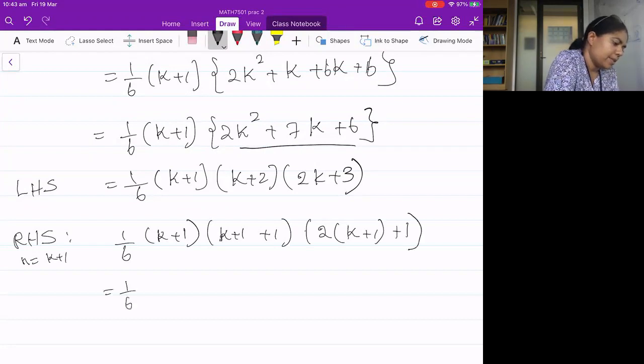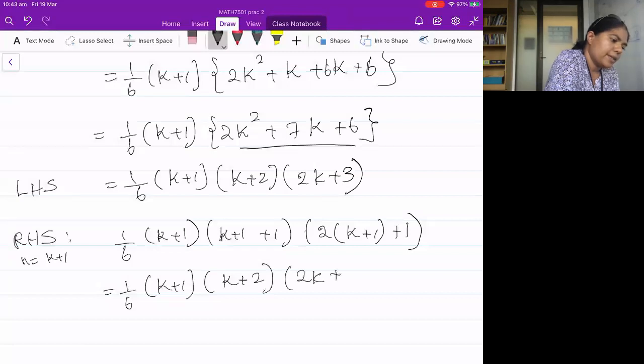So that's 1 by 6 k plus 1, k plus 2, 2k plus 3, okay, which is the same as the left hand side.